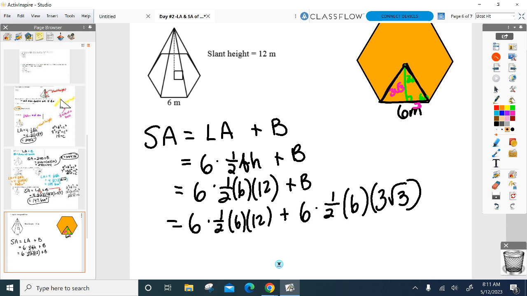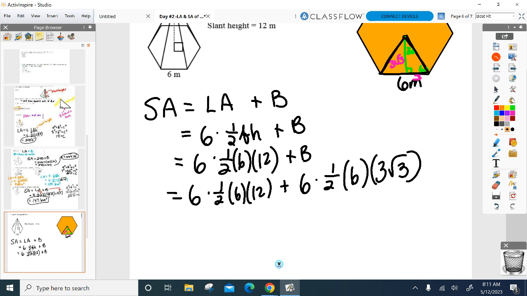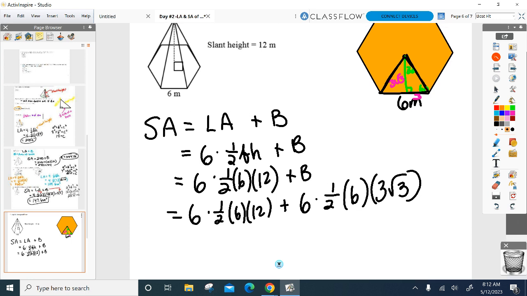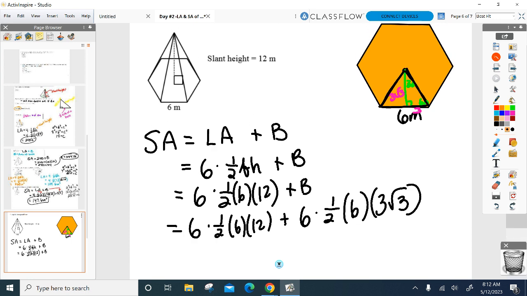And now it's taking your time on your calculator and typing all that in. Let me know if you want me to go over again where everything came from. This right here is just all the work for B, capital B.